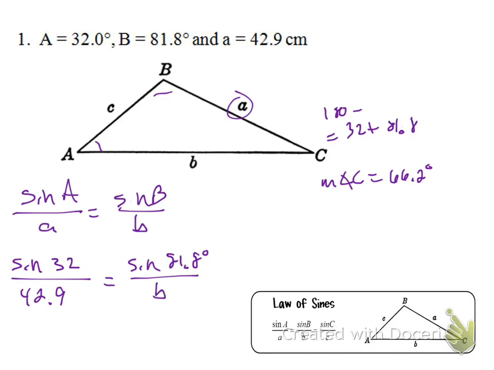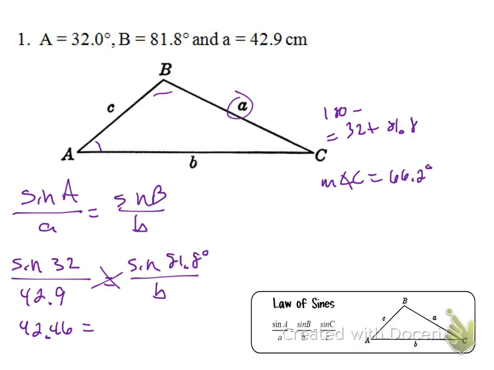and we can cross multiply and find the length of B. So now it just becomes a bunch of button pushing in your calculator. We got to take 42.9 times sine of 81.8, right? That is going to get you roughly 42.46.